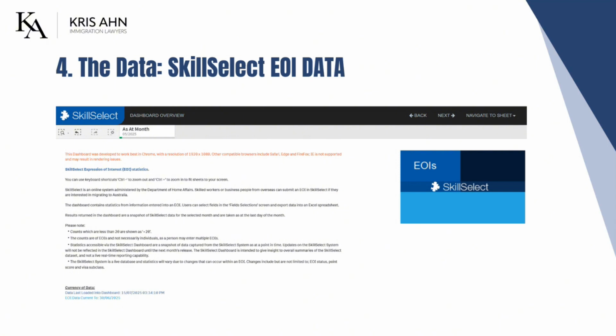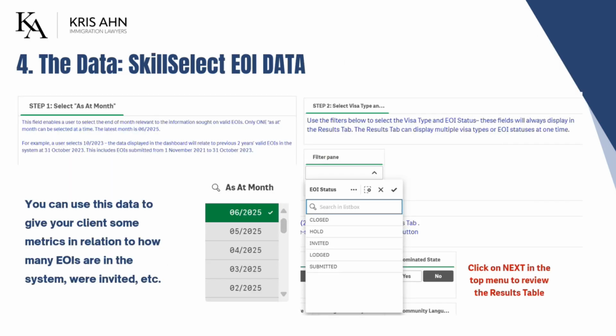The first thing you need to do is go to Next, and here you can check, up until this point in time, how many EOIs were submitted, how many were invited, and how many visas were lodged. Just because you were invited doesn't mean the person always is going to lodge the visa, right? And how many EOIs were suspended.